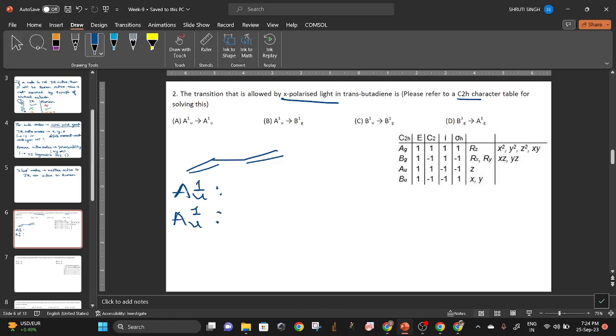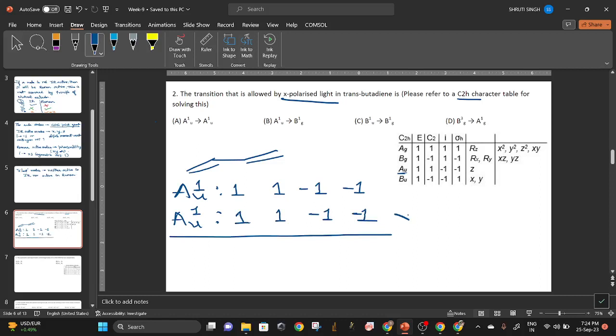Now the character under Au is 1, 1, -1 and -1. The next state is again Au, so we can again write the same characters 1, 1, -1, -1. Now we have to cross multiply it, which means you have to multiply the corresponding characters.